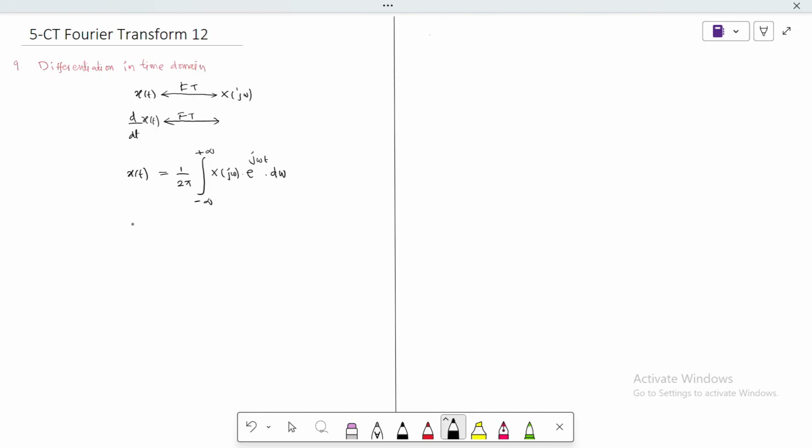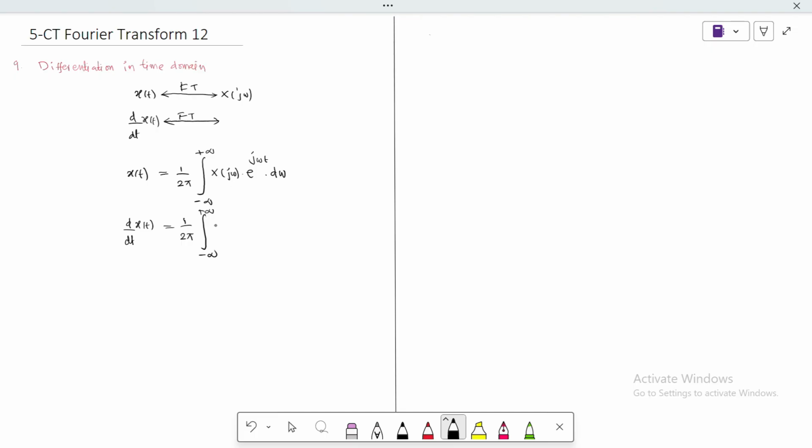Now I'm differentiating on both sides. d/dt of x(t) equals 1 by 2π times the integral. Since the integration is already there, differentiation inside the integral becomes partial differentiation with respect to t.